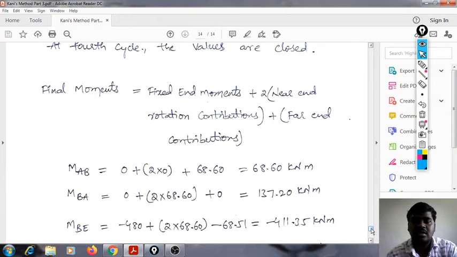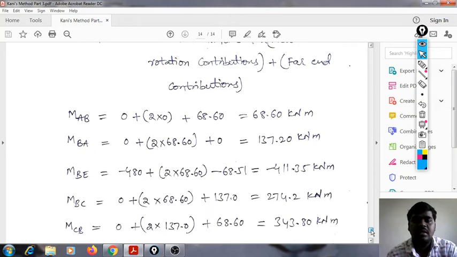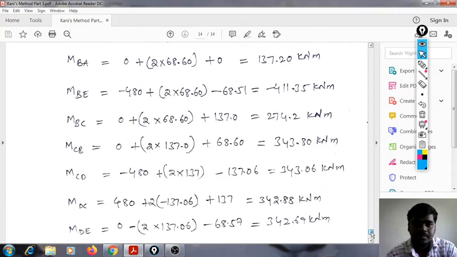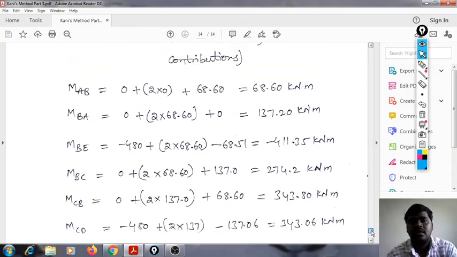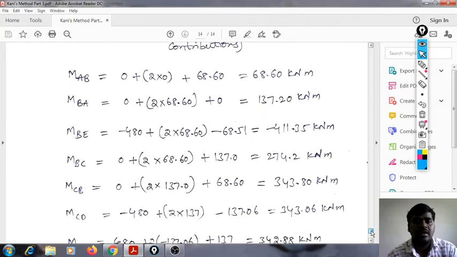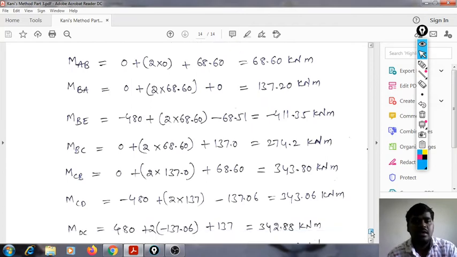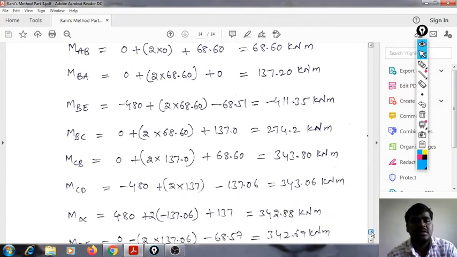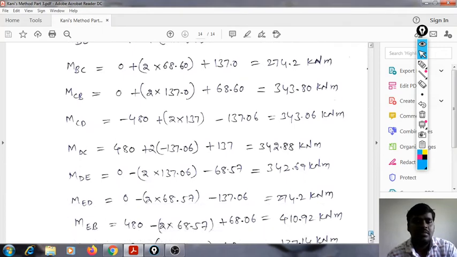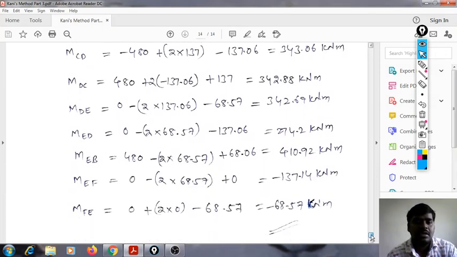When we start solving for MAB, in the previous videos there was another tabular column for finding the final end moments, but here I am writing it line by line in order: MAB, MBA, MBE, MBC, MCB, MCD, MDC, MDE, MED, MEB, MEF and MFE.